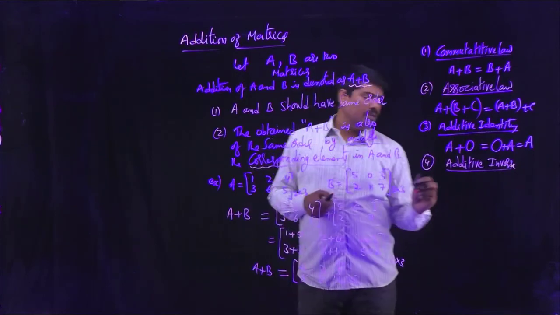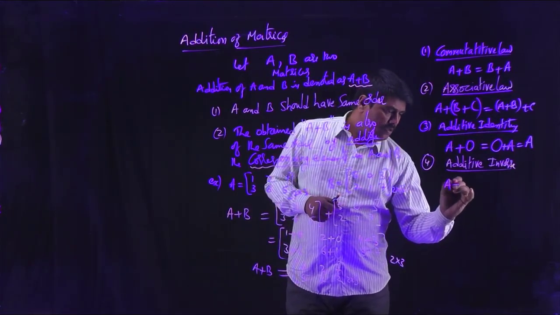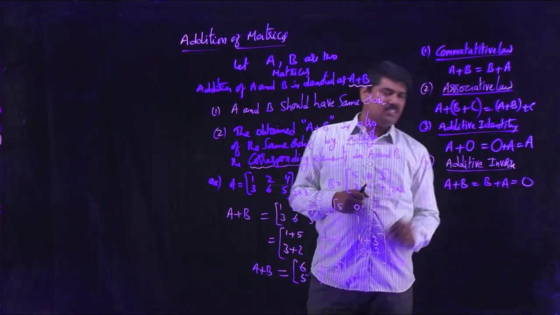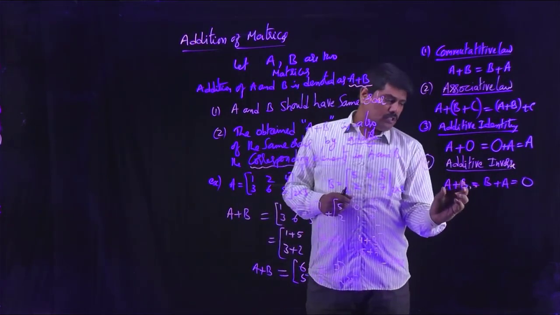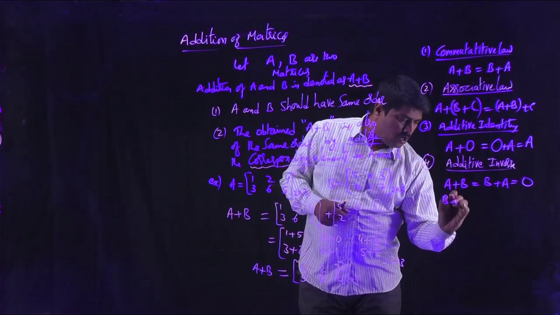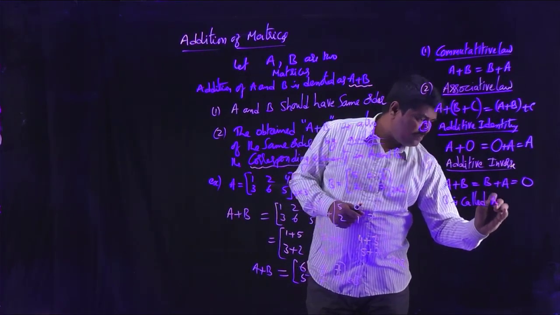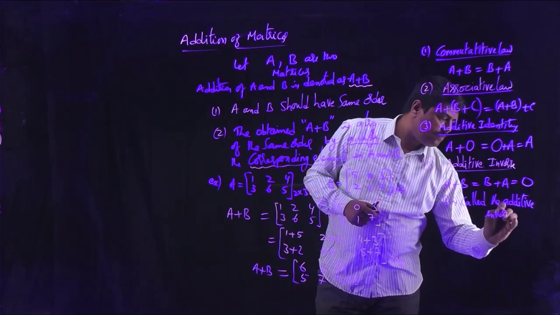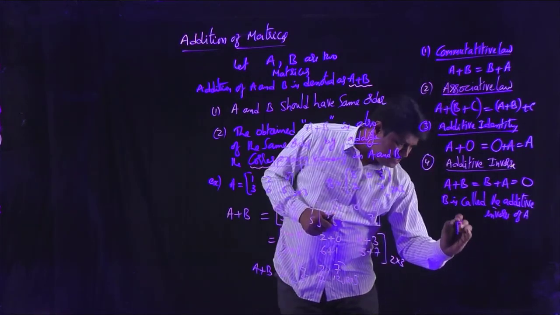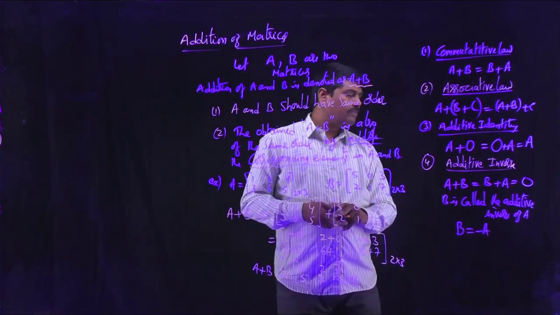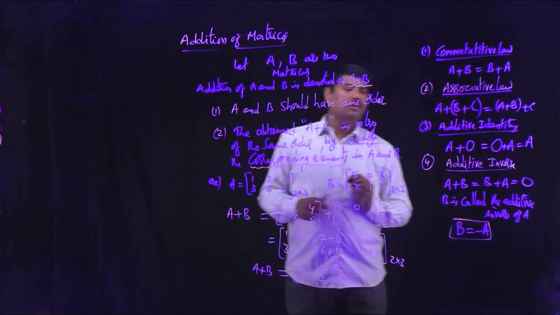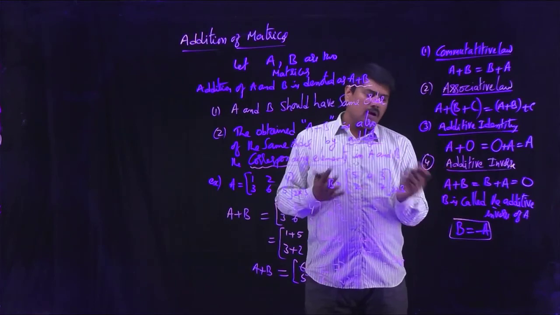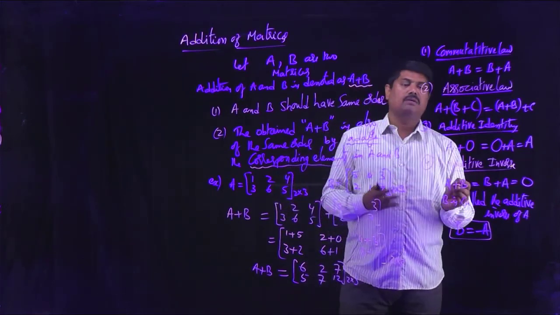of the matrices. Now observe here, if A plus B is equal to B plus A is equal to 0, where 0 means the null matrix, then we say that B is called the additive inverse of A, and that B is denoted as minus A. So if A plus B is equal to B plus A is equal to 0, the matrix B is said to be the additive inverse of A, or you can say that A is the additive inverse of B in the reverse manner also.